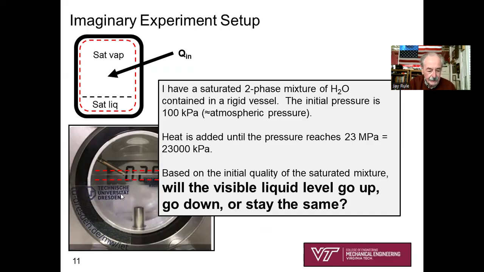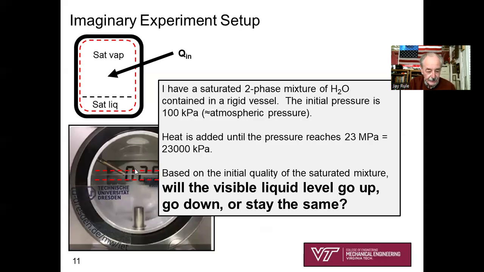It might be a little harder to see, so I've put a red dashed line above and below the visible saturated liquid, saturated vapor line in the screenshot. So you can get a vision of a real world picture of our imaginary experiment setup.